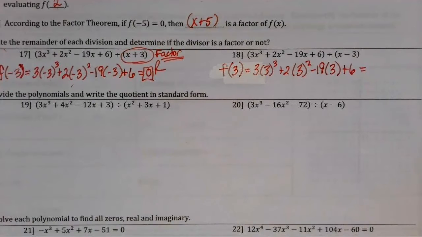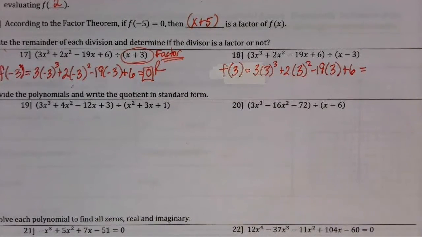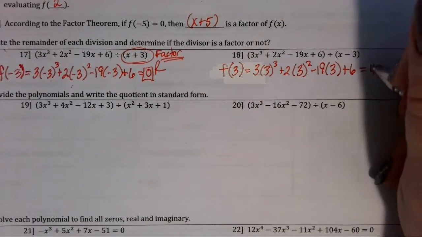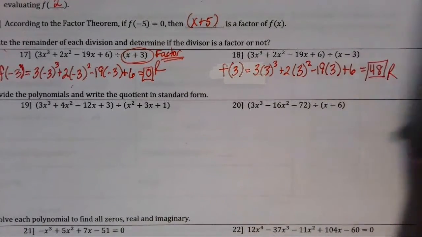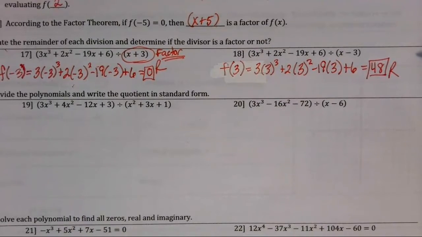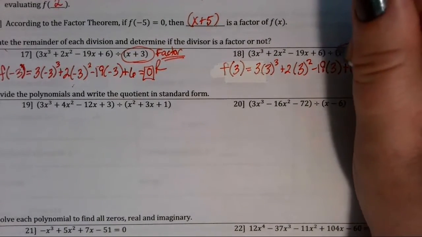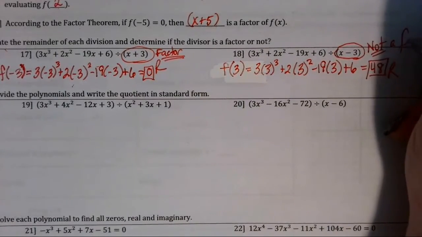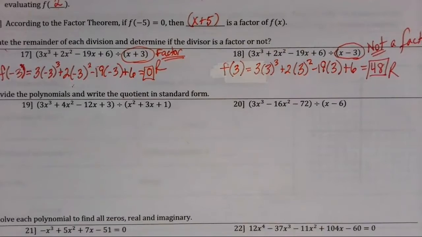And when we put that in the calculator, we end up with 48. Okay, that 48 is the remainder. Since the remainder is not 0, we know that this x minus 3 is not a factor of the polynomial.